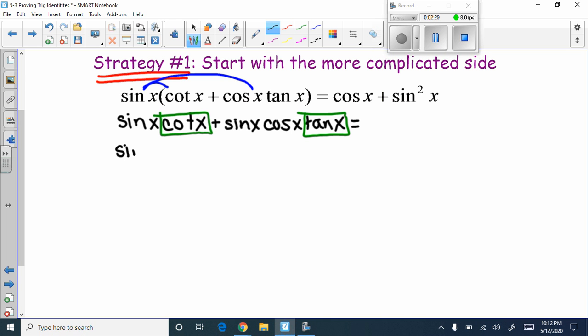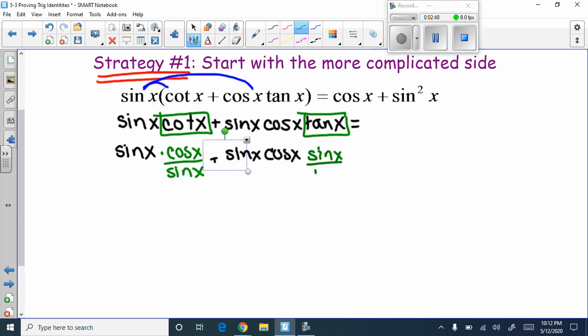So I have sine of x times cotangent, which is cosine x over sine x, and then you've got your sine x and cosine x, and then tangent, you guys know, is sine x over cosine x. Now with the multiplying and some simplifying, we've got a sine x here and one in the denominator, so they're going to cancel. Here our cosine x's are going to cancel.